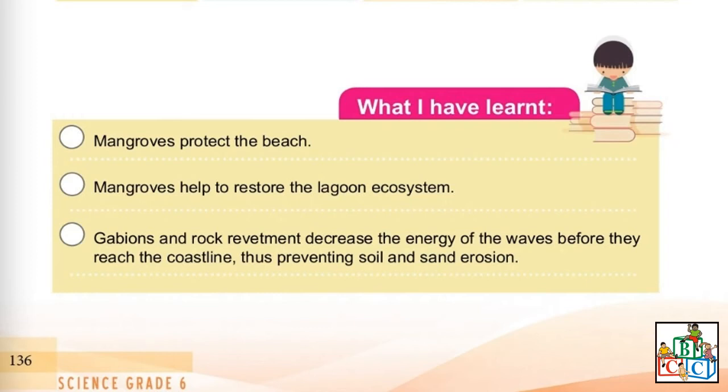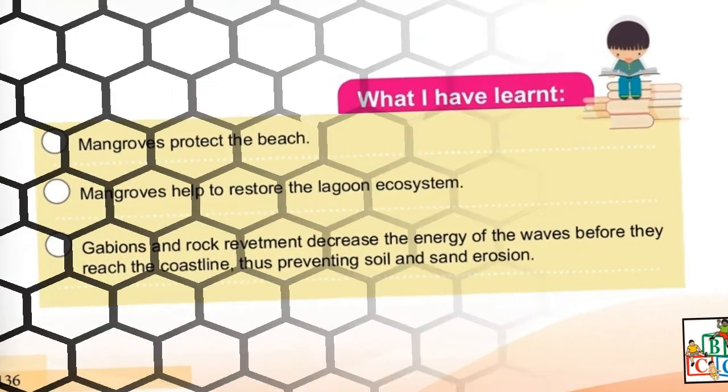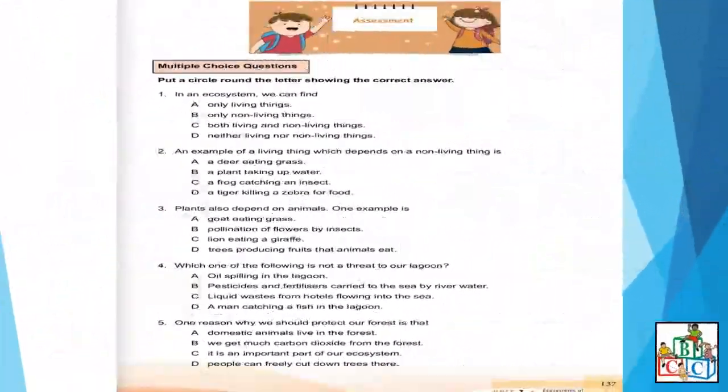Okay children, so this was our last unit. We are going now to see some end of unit assessment, end of unit questions. Let us move on. So after having revised your unit, you are going to work out the questions.